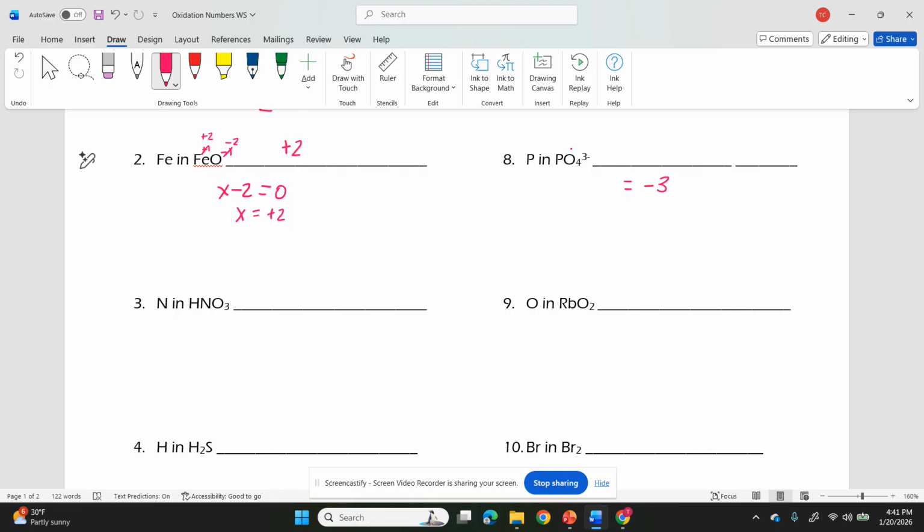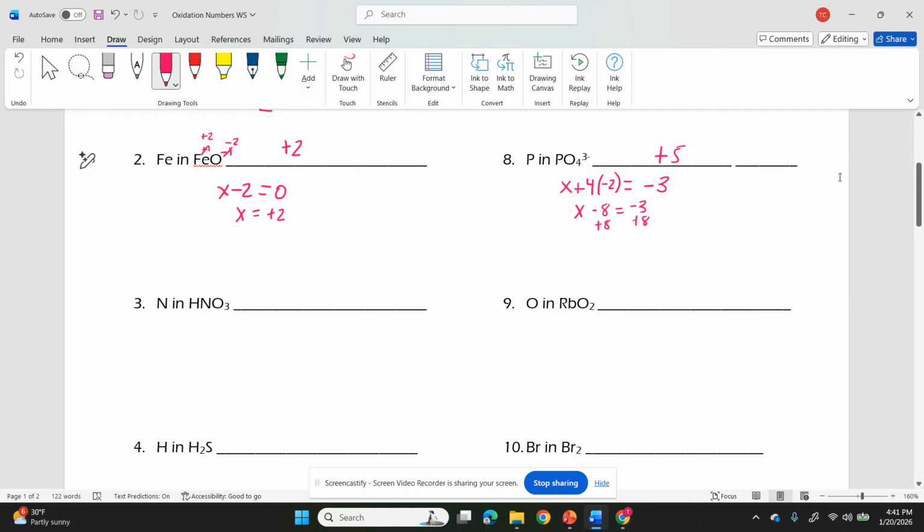It is not bonded to any of the exceptions, so it is actually following rule number 5, stating that oxygen, which I have 4 of them, will have an oxidation state of -2. And then phosphorus is X, since I have 1 of them. From here, you get X minus 8 equals -3. We're going to add 8 to both sides. And so for number 8, you should have gotten +5 as your answer.